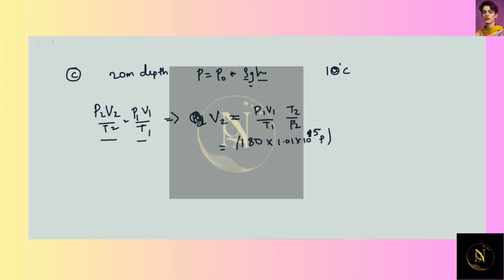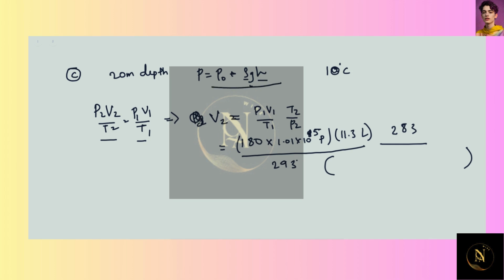Times the volume, which was 11.3 liters, divided by 293 Kelvin, which corresponds to 20 degrees Celsius. T2 is 10 degrees Celsius, which corresponds to 283 Kelvin, divided by the new pressure, which is, as we know, P naught plus rho g h.